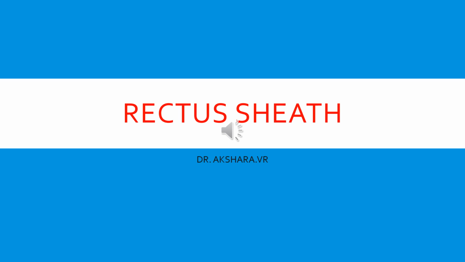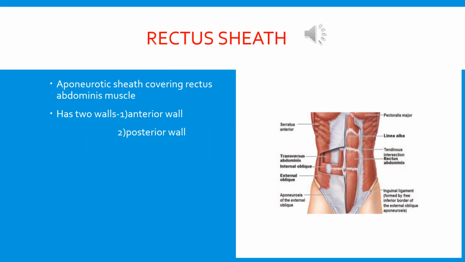Today, we are going to learn a topic that is rectus sheath. What is rectus sheath? It is an aponeurotic sheath which encloses the rectus abdominis muscle and pyramidalis muscle if it is present.